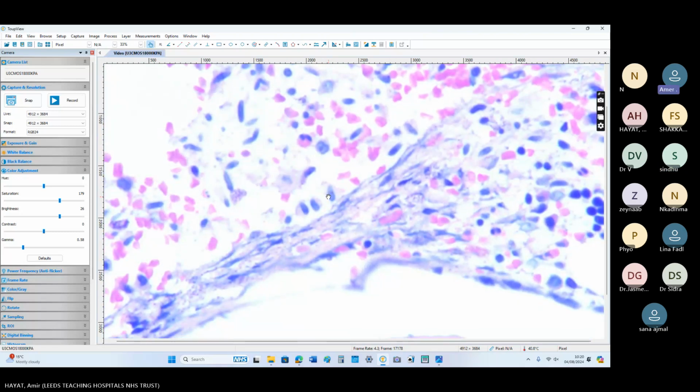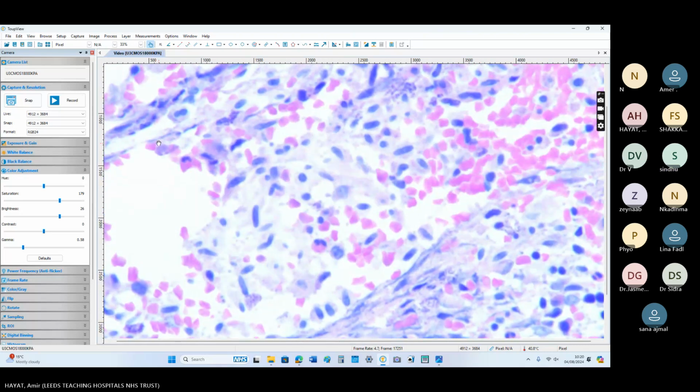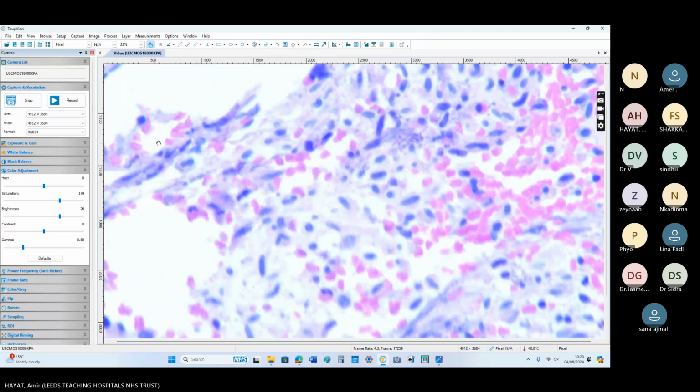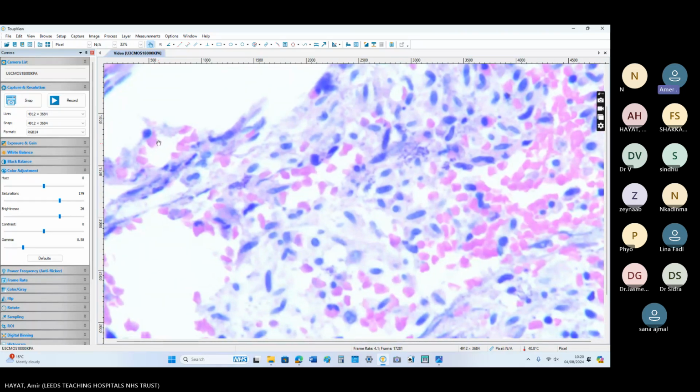So what are these cells? These are like fibroblasts and slipper-shaped cells, but I cannot focus on the individual cells. It will be very difficult to focus on an individual cell in the trephine because they're very small.